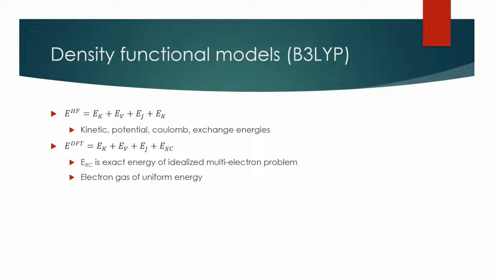If you remember back to when we first started discussing many electron atoms, we mentioned that there were Coulomb and exchange integrals that got the symbols J and K. So what we're saying here is that the total energy for the Hartree-Fock model is equal to the kinetic energy plus the potential energy plus these weird integrals that come out of the quantum mechanical calculations.